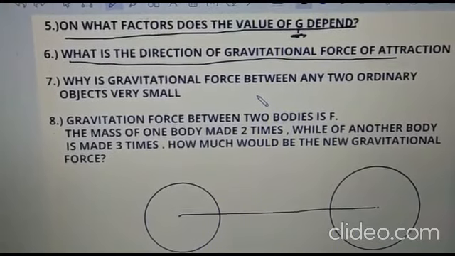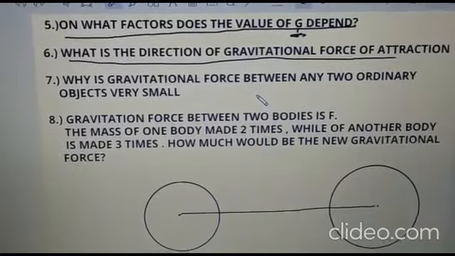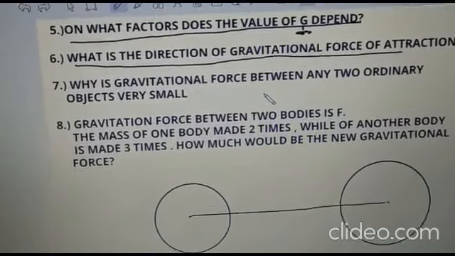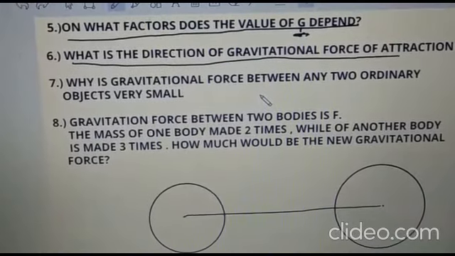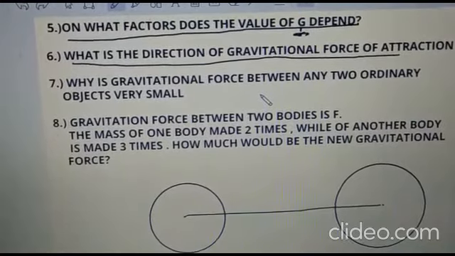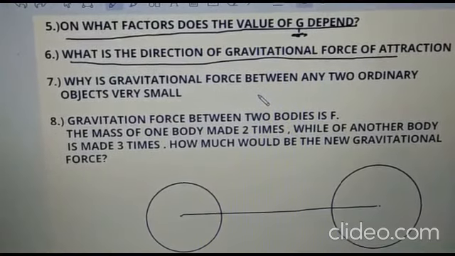Now the next question says that the gravitational force between two bodies is F. The mass of one body is made 2 times, while that of the other body is made 3 times. How much would be the new gravitational force?